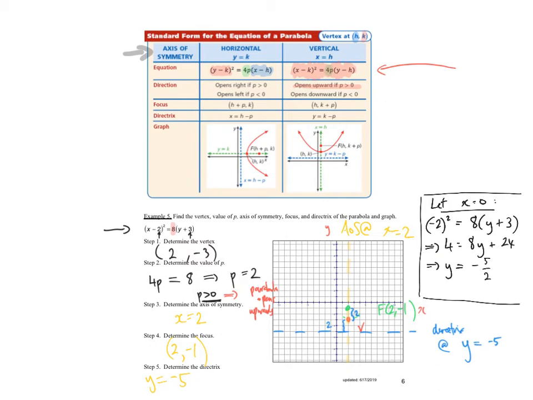Let's plot the corresponding point. So x is 0, I get -2.5. That's roughly there. By the axis of symmetry, we know I get a point on the other side of the vertex, 2. And so I can now draw my parabola fairly accurately, as so.